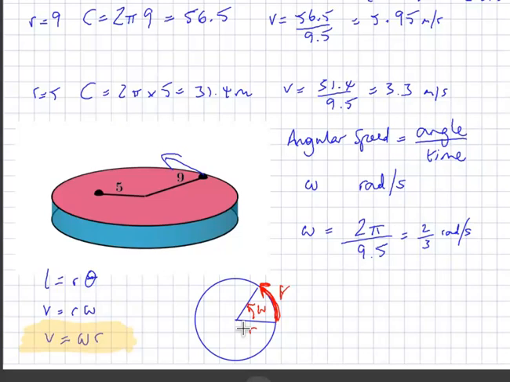Okay. So the radius is that radius, the velocity is the distance traveled in a certain amount of time, and the angle that it turns in a certain amount of time is omega. So angular speed, omega, and the actual velocity v relationship is the velocity is equal to omega multiplied by the radius.